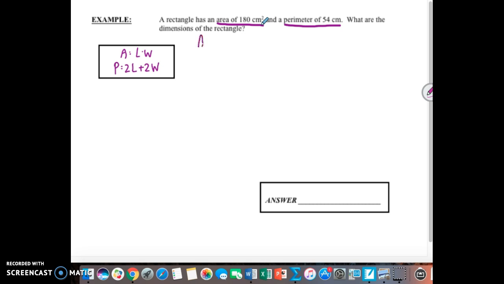So the area of the rectangle we're talking about is going to be 180 equals length times width, and the perimeter will be 54 equals 2 lengths plus 2 width, sorry.